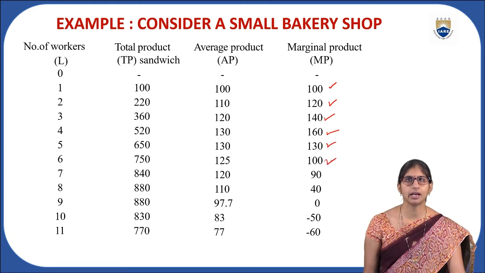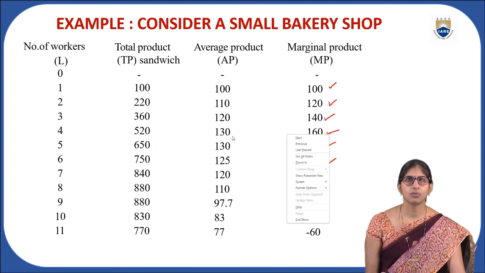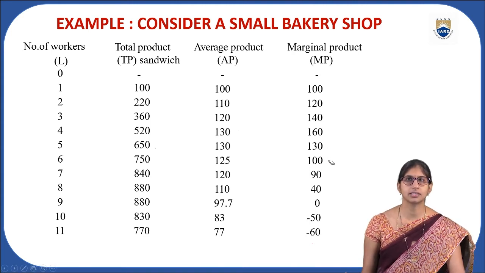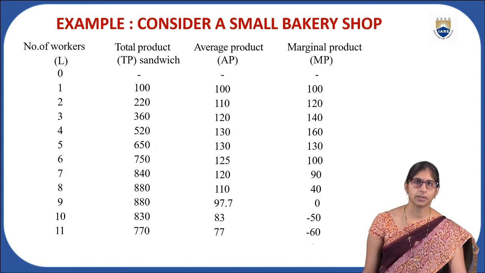Okay. So from the particular point onwards where the average product remains constant, the marginal product has come down, has diminished. The marginal product has even gone to negative values. With the help of this, we can understand there are three stages in the law of variable proportion.